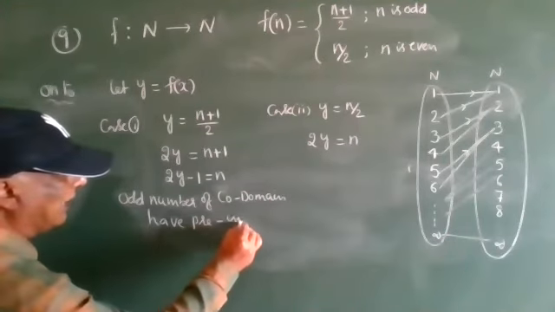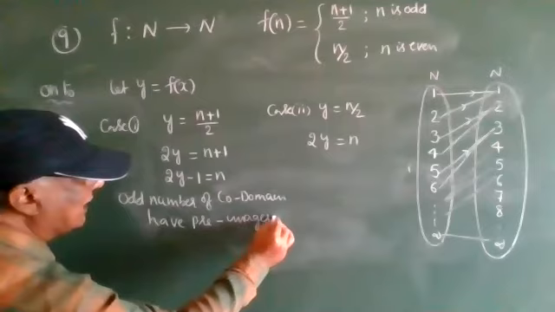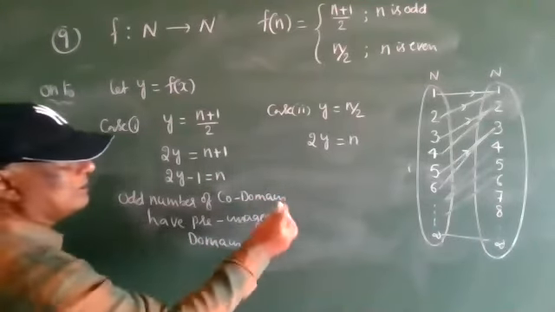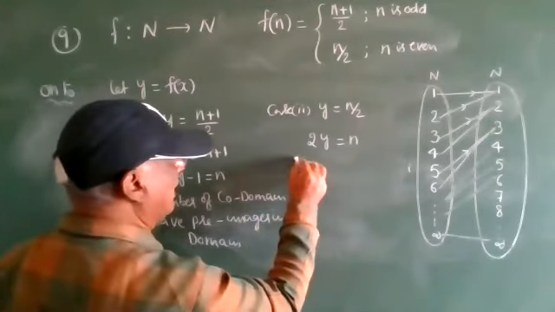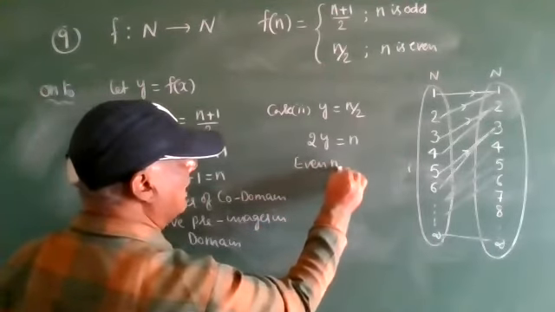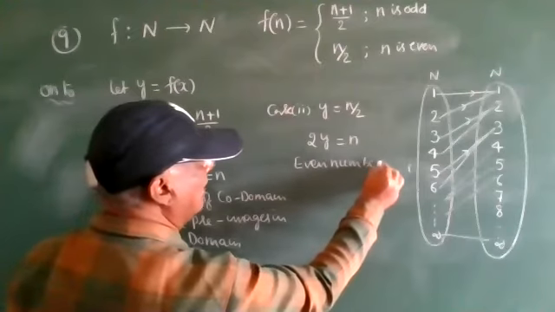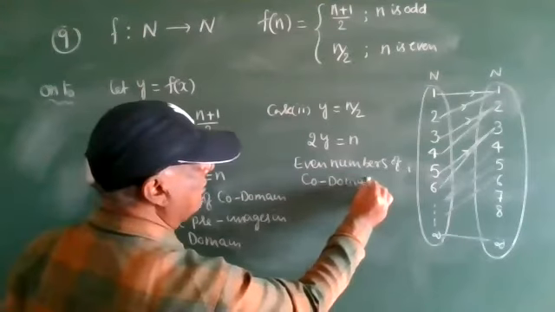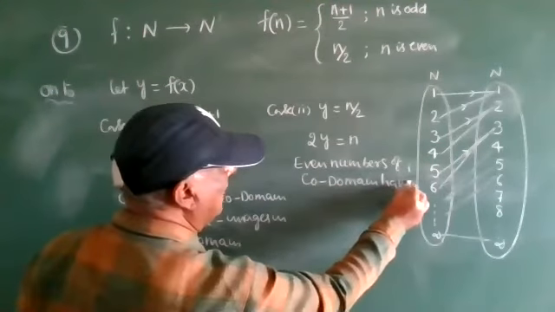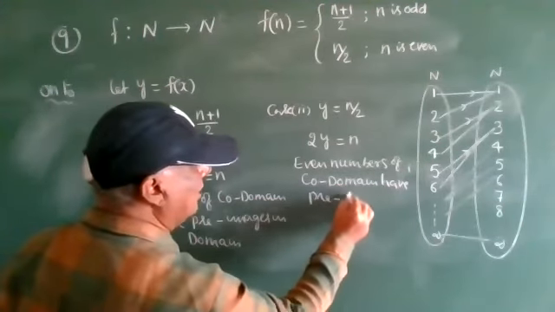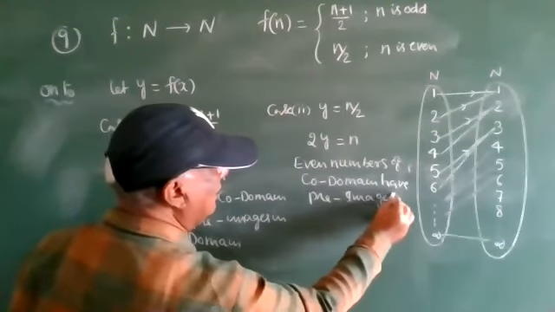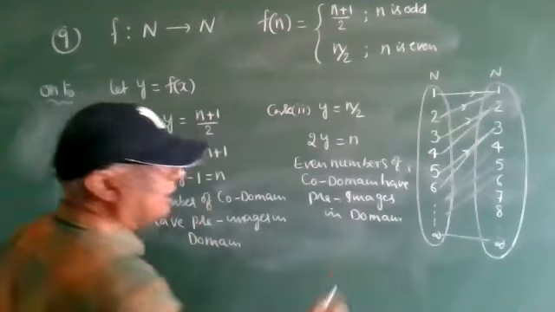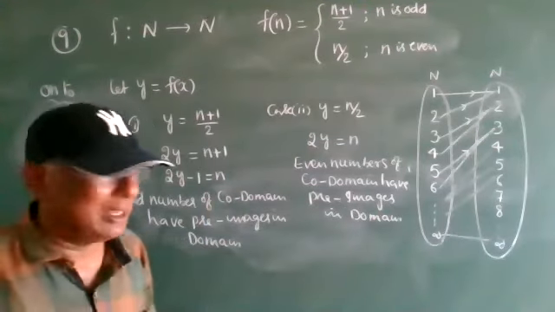Next, write down: even numbers of codomain have pre-images in domain. So odd numbers also have pre-images and even numbers also have pre-images.